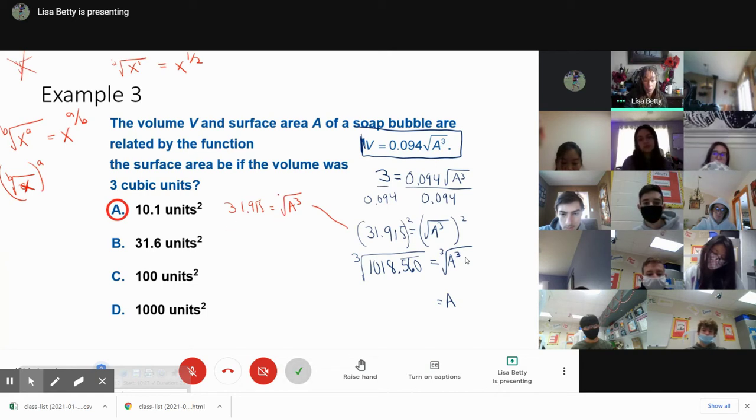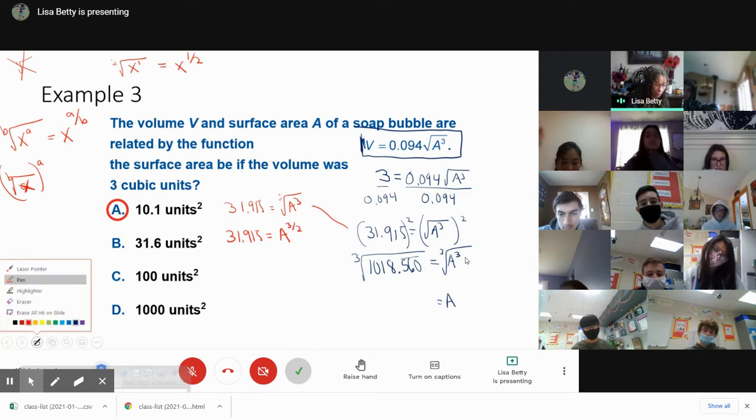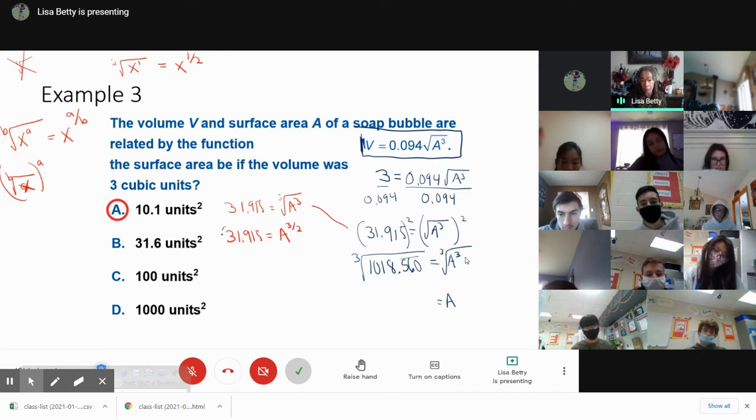So given that there's an invisible 2 here, I can really write that 31.915 as equal to a to the 3 over 2. And I would do that only for the sake of, I could solve it faster, because what I could do is clear the exponent by multiplying, because this will give me a 1, this will give me just a on that side.